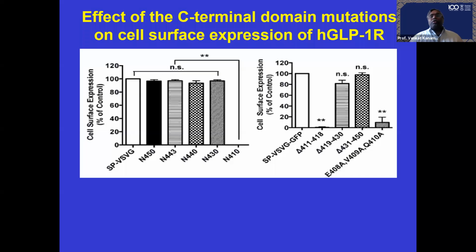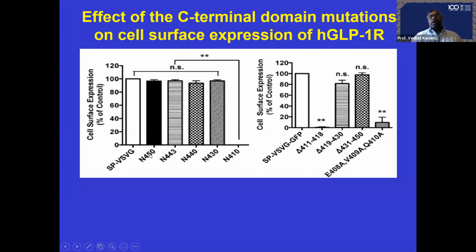We also looked into the importance of the C-terminal domain of the GLP-1 receptor, because it is known that the C-terminus of the GLP-1 receptor is required for the internalization process, because it binds to GS or GQ pathways and thereby regulates the internalization. However, we also wanted to know whether that also affects the cell surface expression. Therefore, we made a series of deletions.